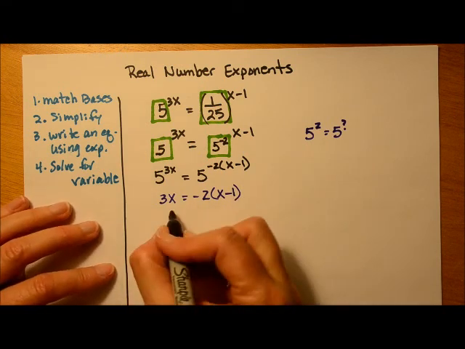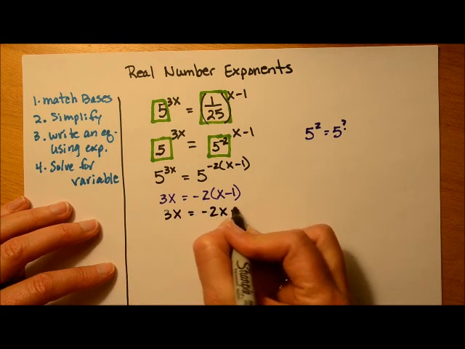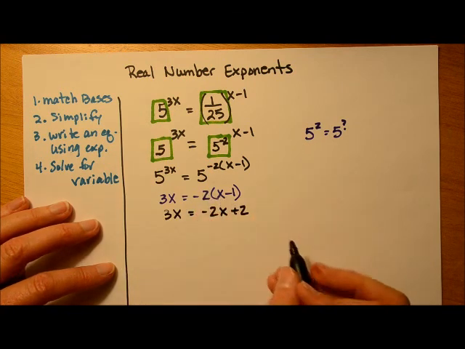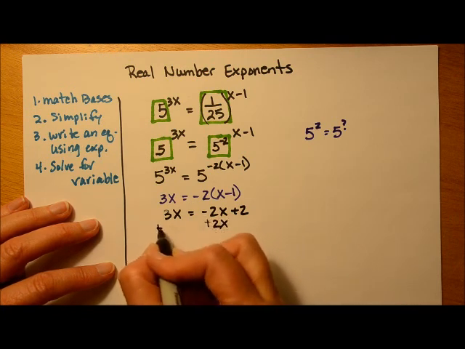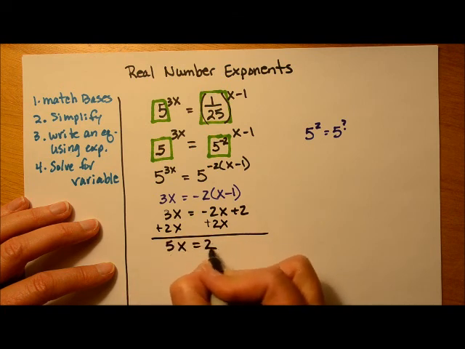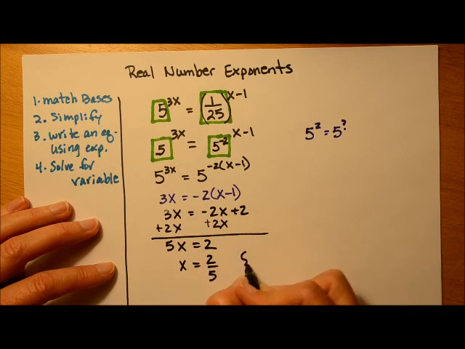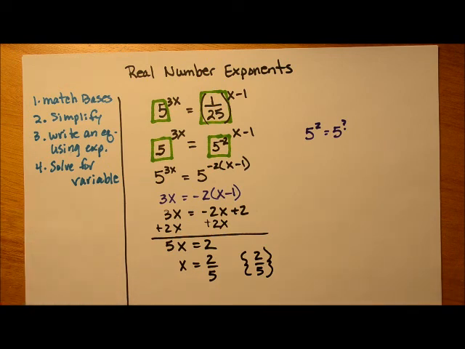And now all I have to do is solve for x. So I have 3x equals negative 2x plus 2, right? And distributing the 2. I'm going to add 2x to both sides. And I have 5x equals 2, or x equals 2 fifths. So 2 fifths is my solution for x. Just like that.